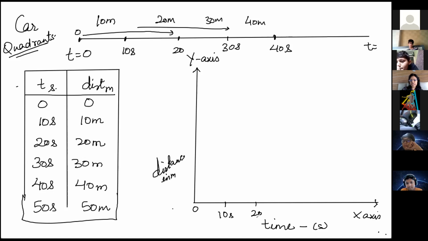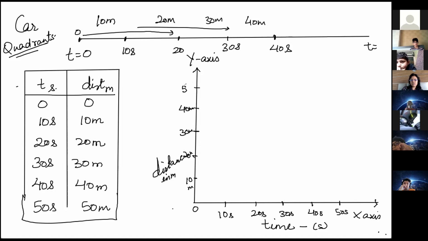Equal distance में, like we draw on number line, 20 second, 30 second, 40 second, and 50 second. Okay, and here we have 0, then 10 meter, 20 meter, equal distance पे 30 meter, 40 meter, and 50 meter.